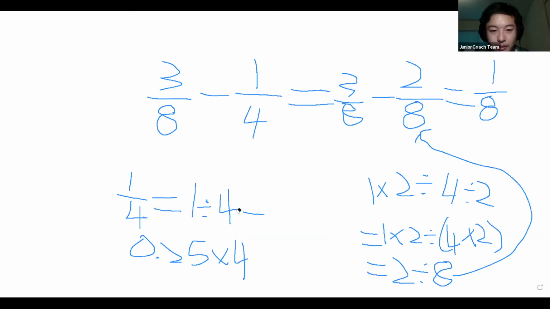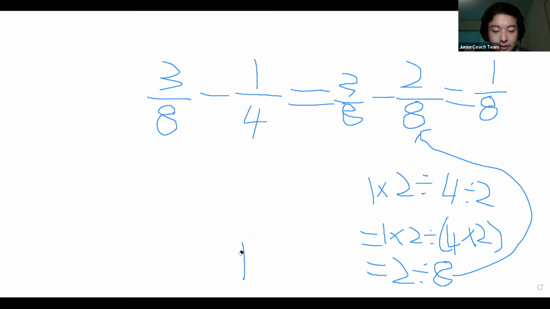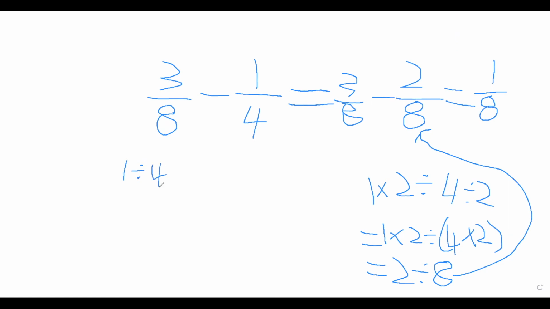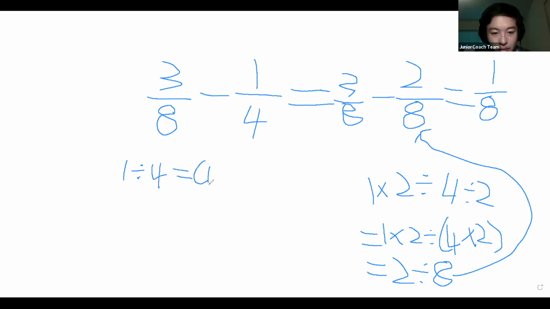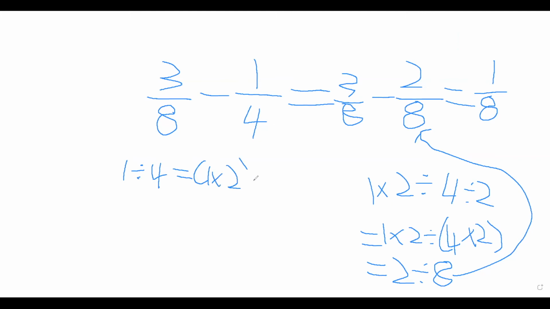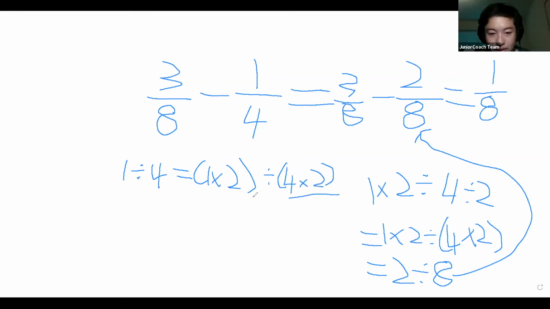Once again, fractions are another way to write division. Do we all agree that 1 divided by 4 is equal to 1 times 2 divided by 4 times 2? Do we agree this property?